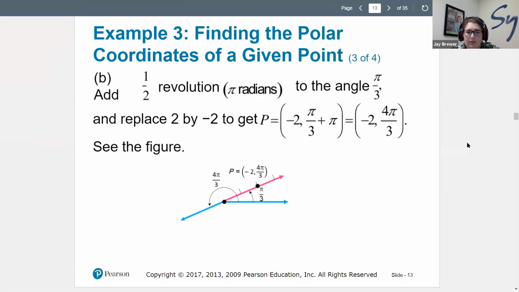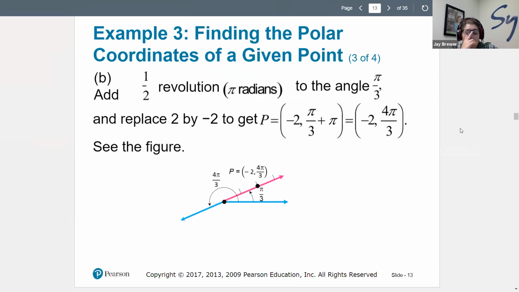So for B, we're going to add half a revolution to the angle. So we're adding pi. And then we have to replace the 2 for the radius, for the r, with the negative.